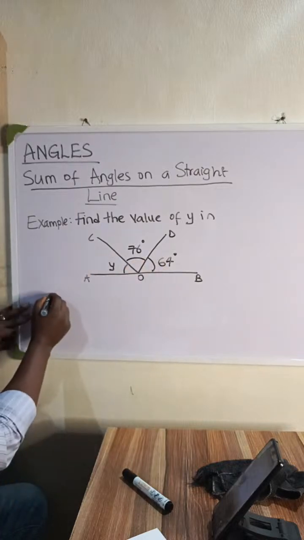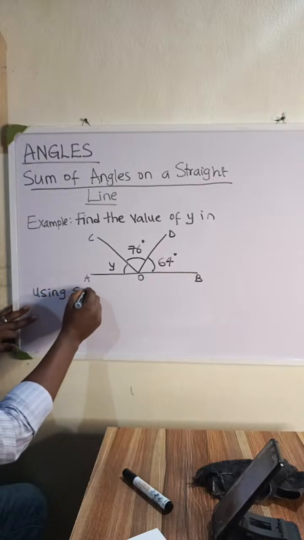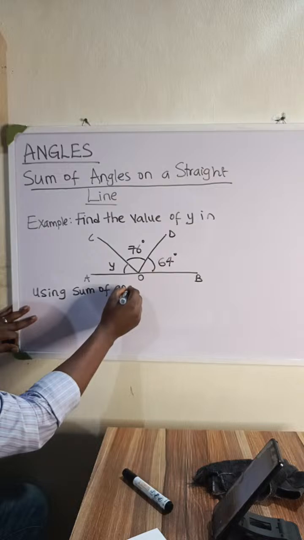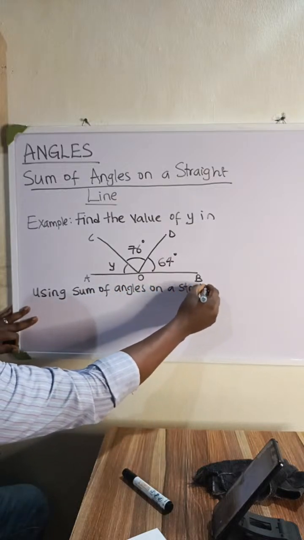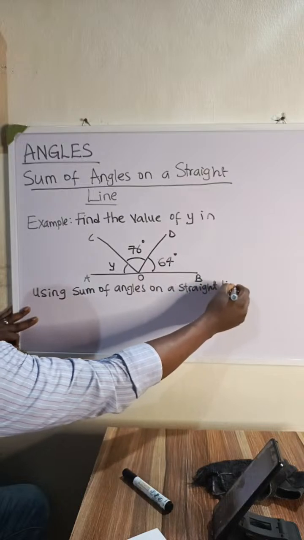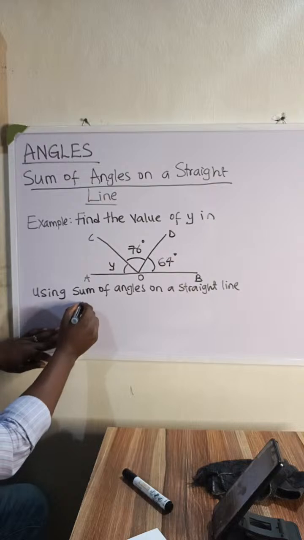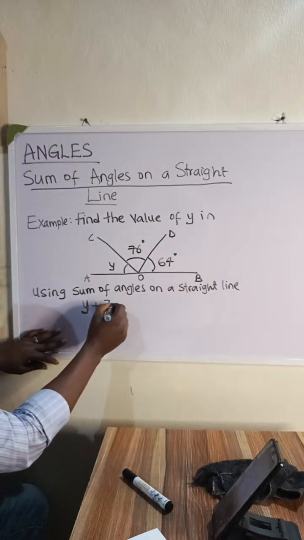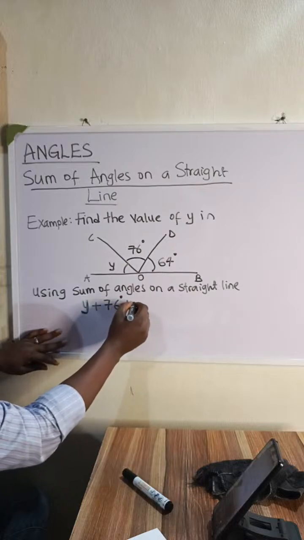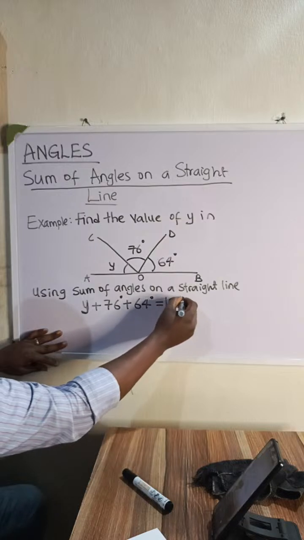So using sum of angles on a straight line, we know that y plus 76 degrees plus 64 degrees is equal to 180 degrees.